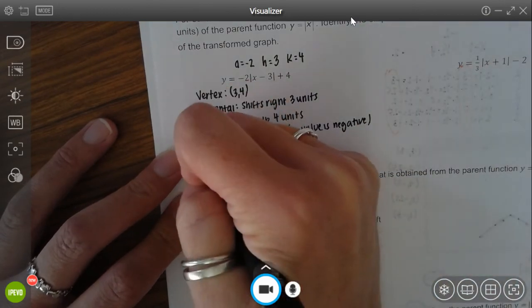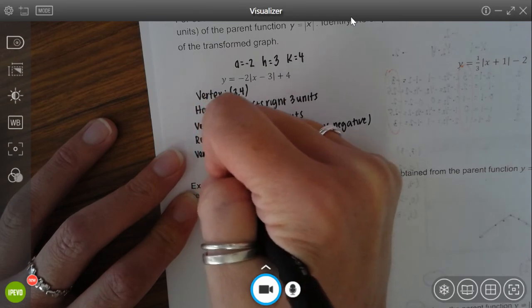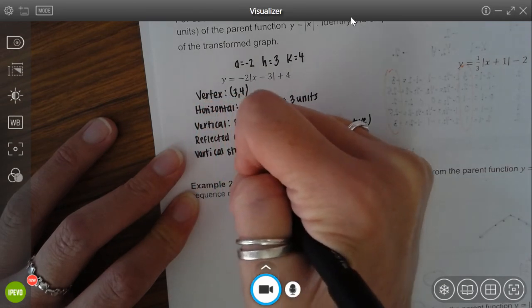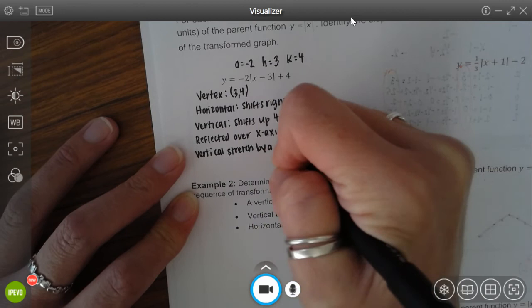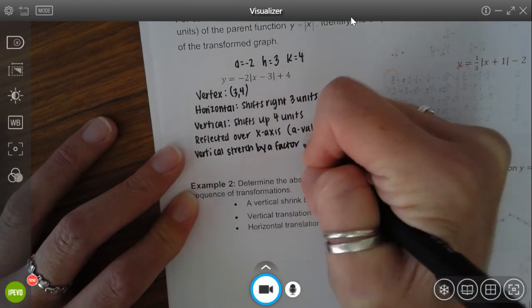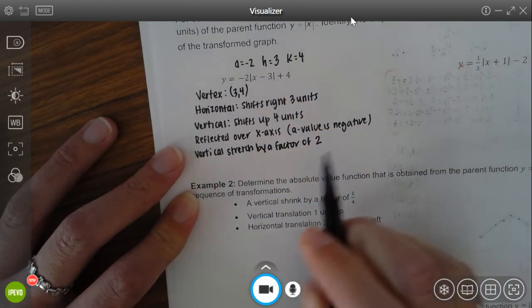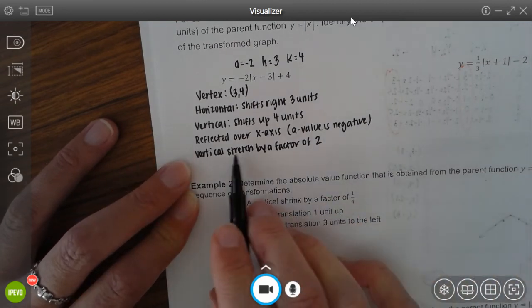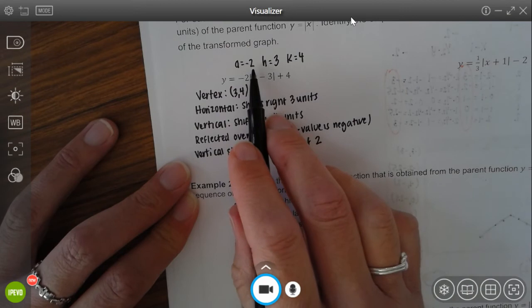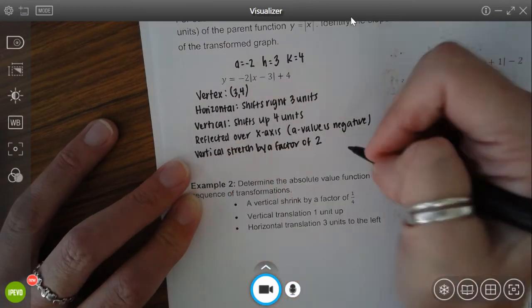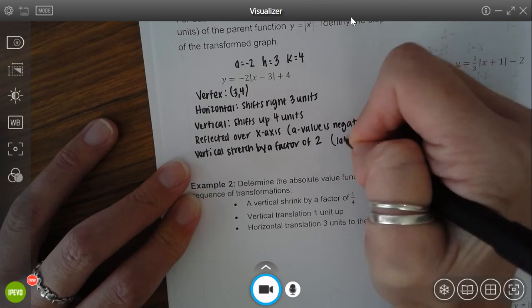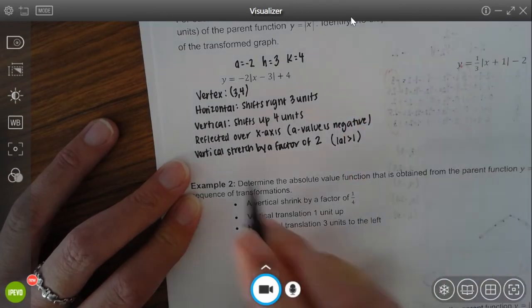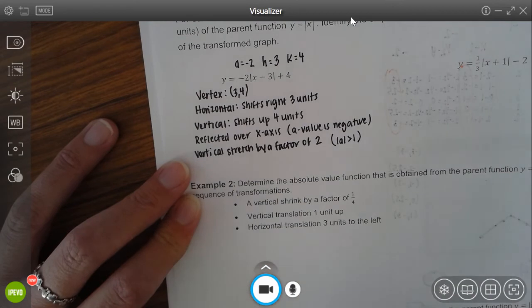And I'm going to say that this one is actually containing a vertical stretch, by a factor of the A value. I'm just using the 2 here because the negative has to do with the reflection. And I'm saying that this is a vertical stretch because the absolute value of your A value is going to be more than 1.